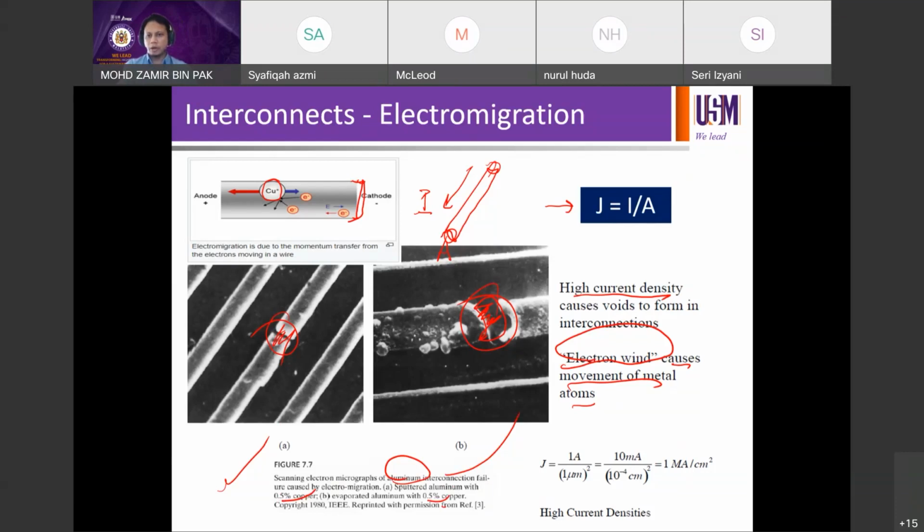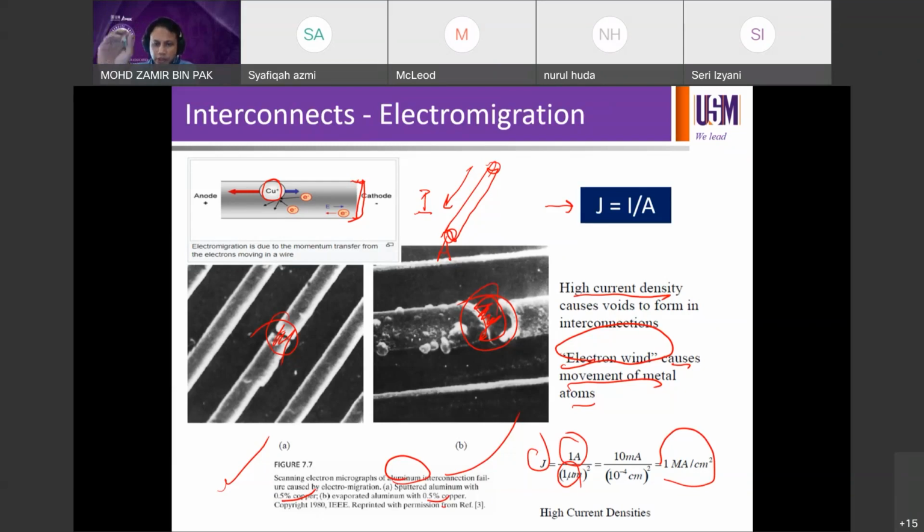So if we talk about current density J, assuming the current is about 1 amp passing through 1 micron squared of a conductor or interconnect, J will amount to about 1 mega ampere per cm squared, right? Super high current density, because you're talking about a relatively high 1 amp over a very small interconnect.